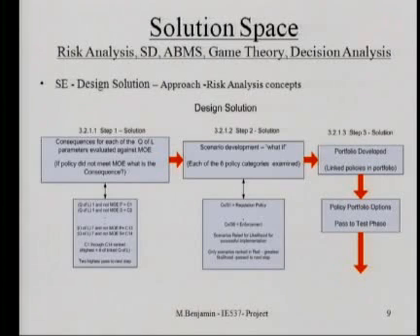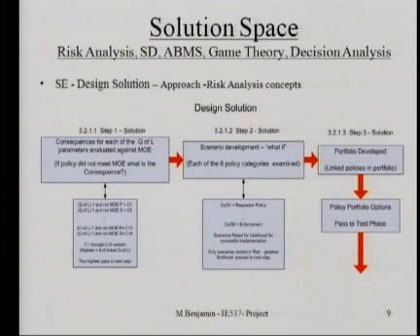Okay, so now going to the solution space. I used risk analysis, system dynamics, intelligent agent concepts, game theory, and decision analysis in the solution space. So again, I was trying to thread or federate the tools that Dr. Inji had presented during the course. In the design solution, I had 3 steps.